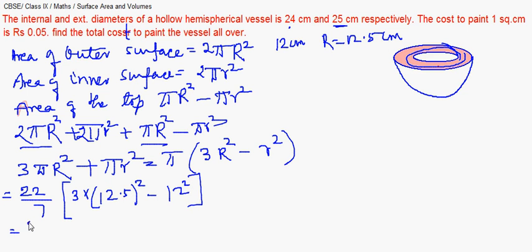So it is 22 by 7 into 3. So we have to multiply 12.5 into 12.5, that's 156.25, and minus 144. 156.25 multiplied by 3 is 468.75, and 144 subtracted from it is giving 324.75.